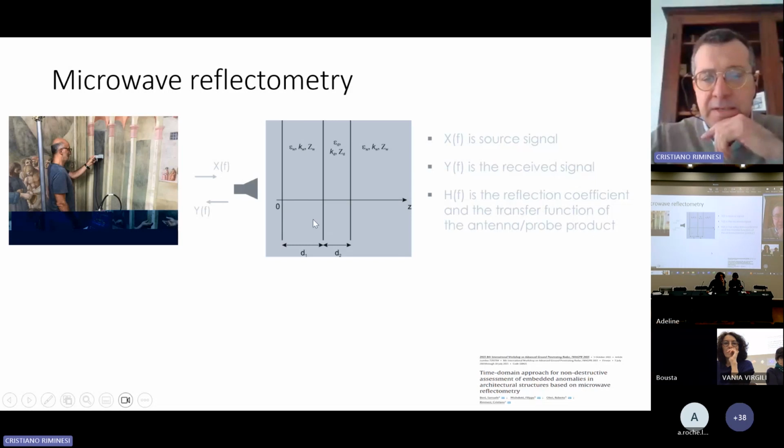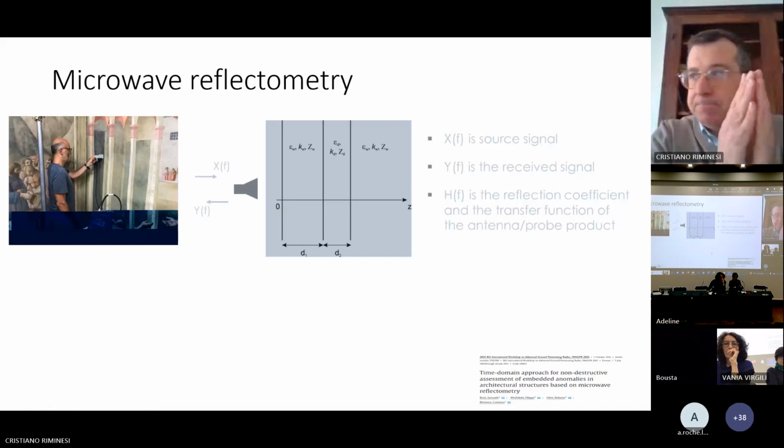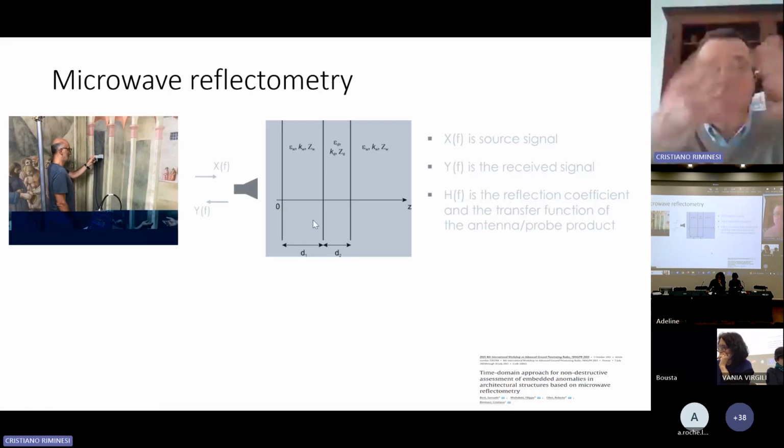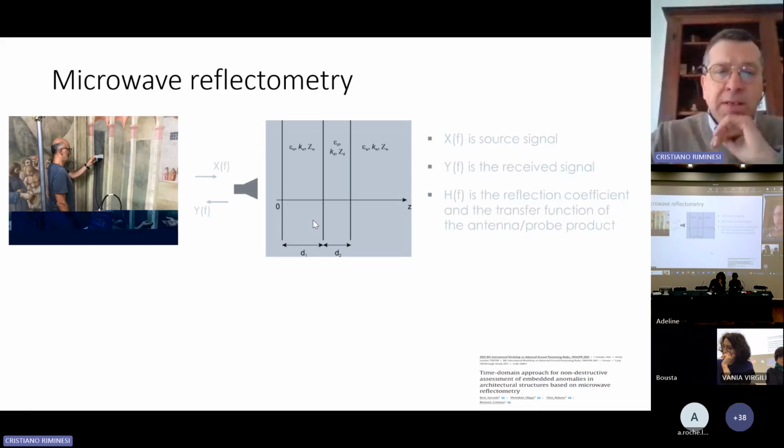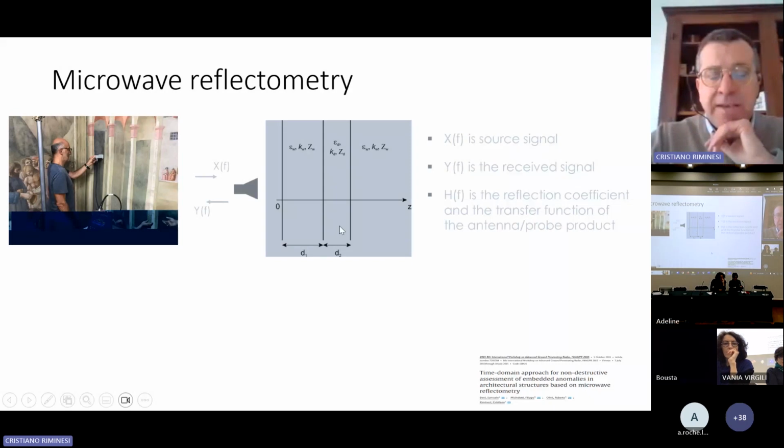The first layer is the first part of plaster, the intonachino, where we applied the paint. The second slice is the air gap, and this is the masonry: stone, brick, and so on.